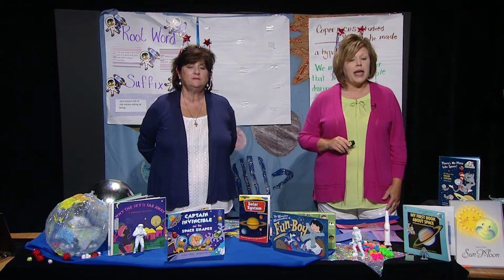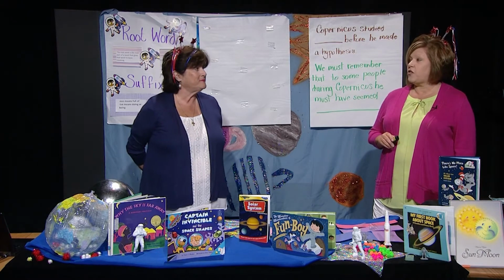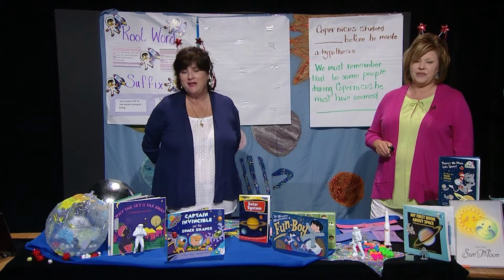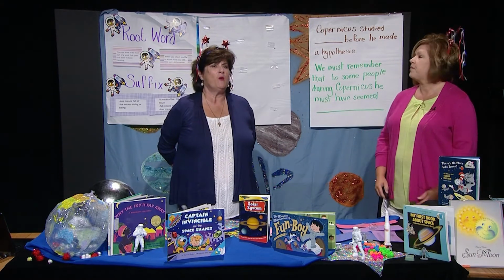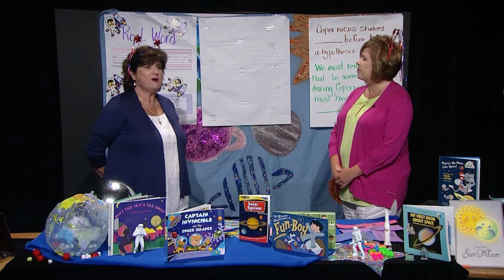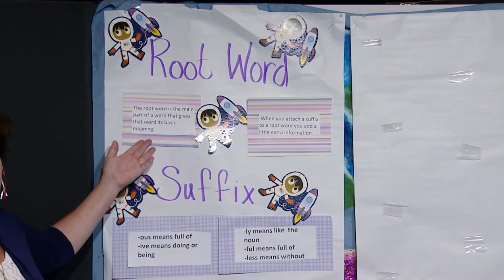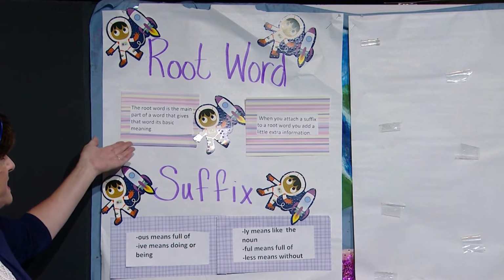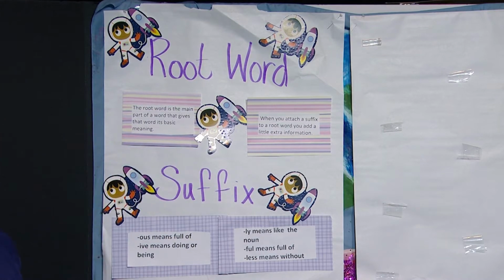Now, I want you to pay attention as we discuss out of this world suffixes. Captain Baker, are you ready? I'm ready. So first, guys, let's talk about what we know about suffixes. We know that the main part of a word is the root word, and that's what we add a suffix to.